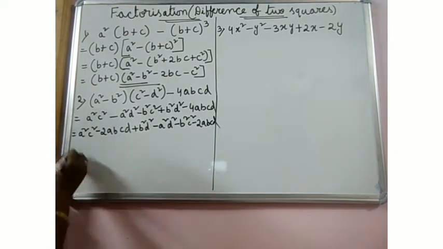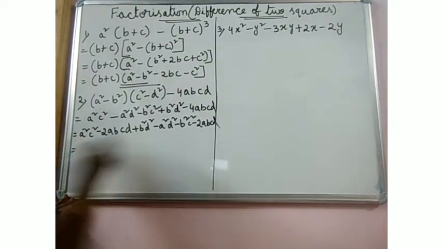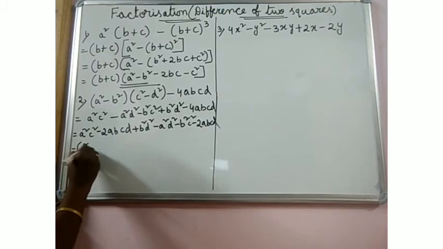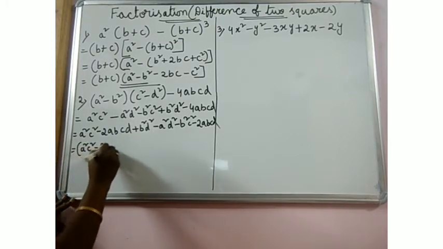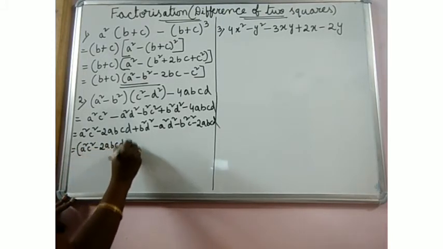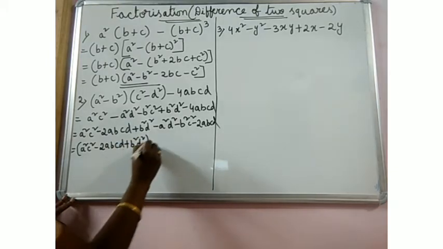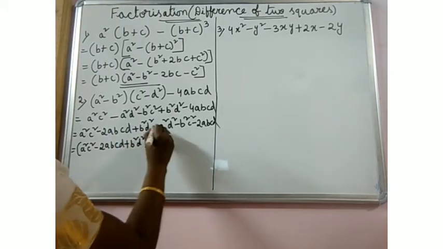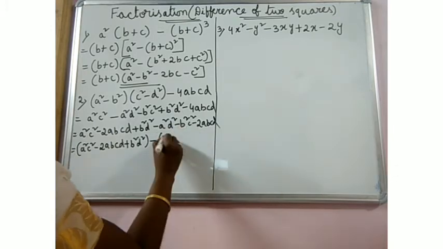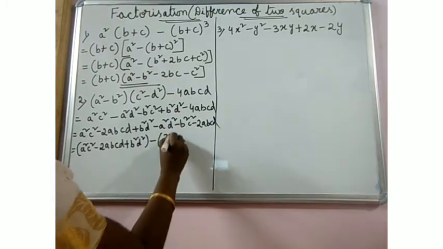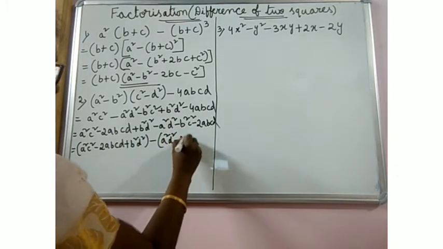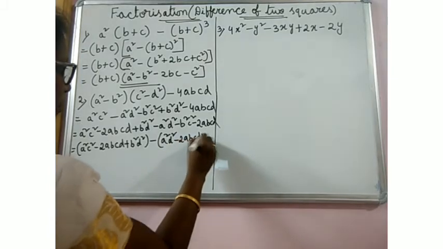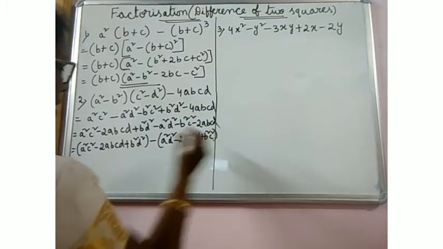Now this one you see, let me group this one, a square c square minus 2abcd plus b square d square minus, all these 3 minus is there, so minus common I have taken, a square d square minus 2abcd plus b square c square.